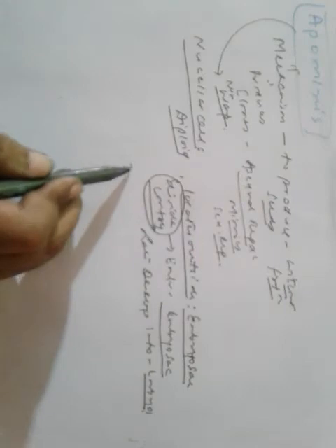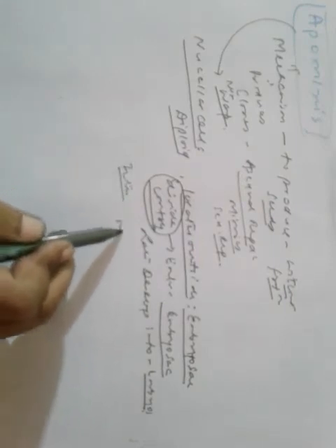In this way, multiple embryos can exist inside one seed, which is known as polyembryony.